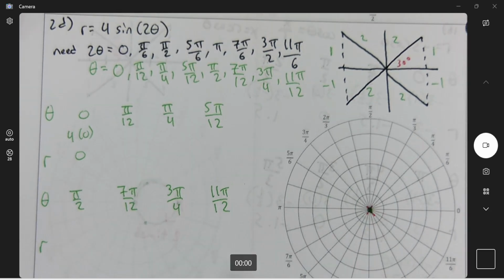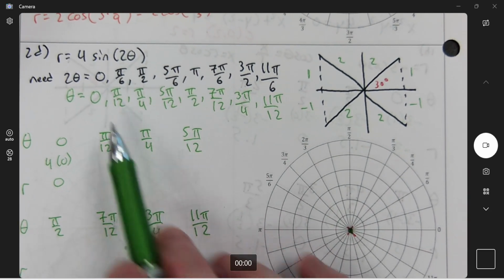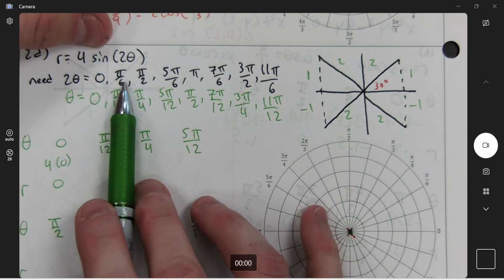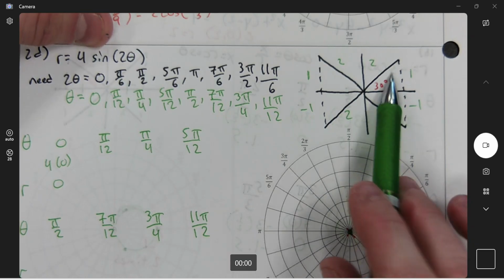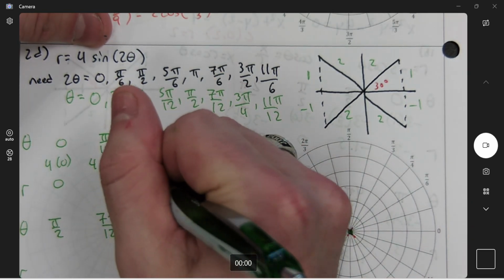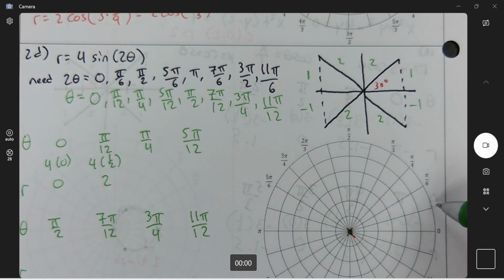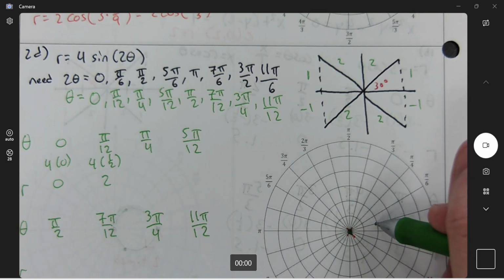See where we're going. At pi over 12, which will be our first spoke, we're evaluating sine at pi over 6. So 1/2. We have 4 times 1/2, or 2. So at pi over 12, second ring.